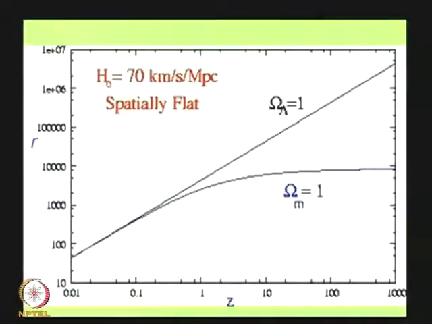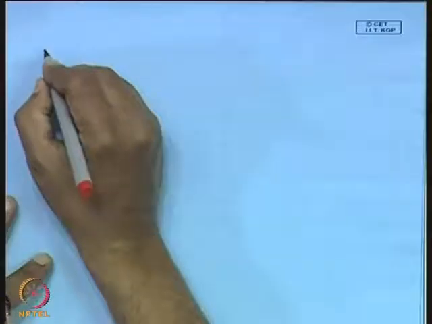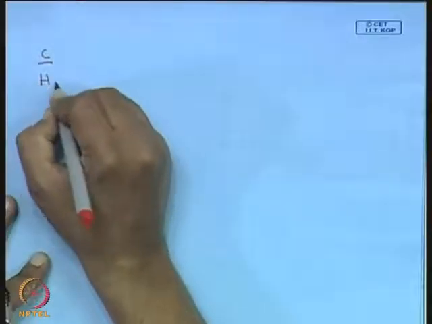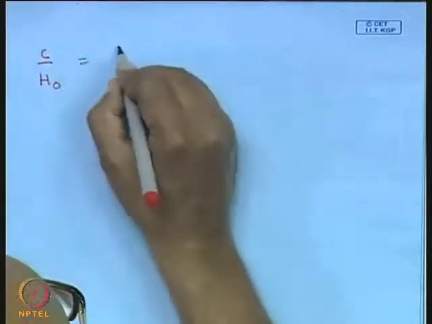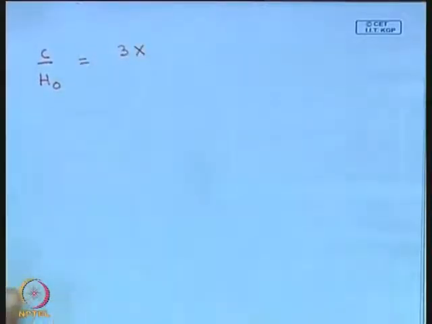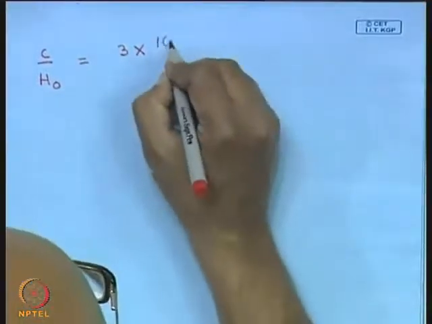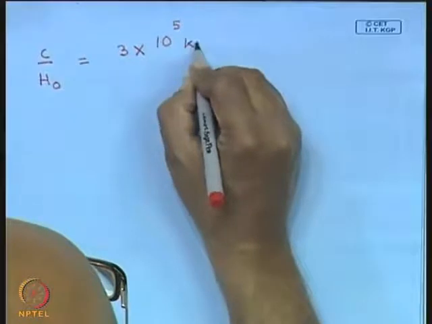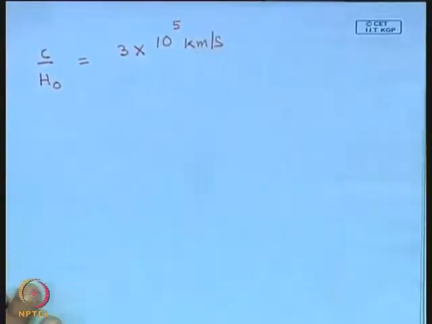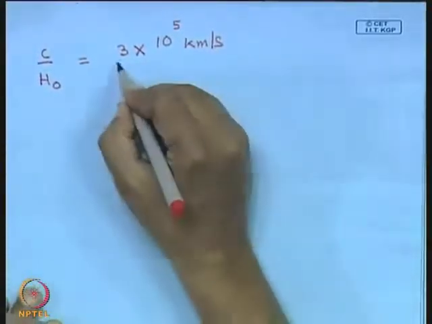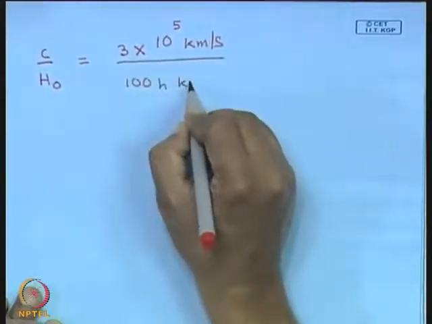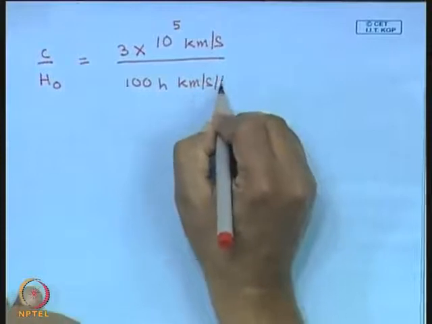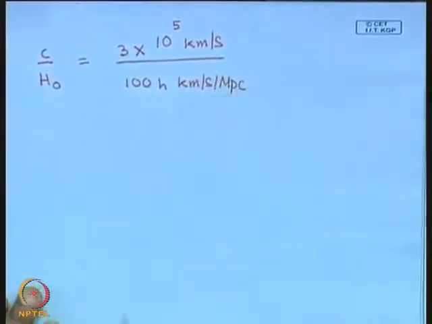So the Hubble radius c by H naught is (3 into 10 to the power 8 meters per second), which we can write as 10 to the power 5 kilometers per second, that is the speed of light, divided by 100 h kilometers per second per Mpc.